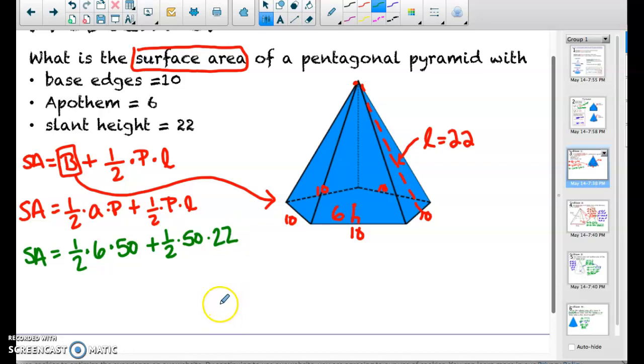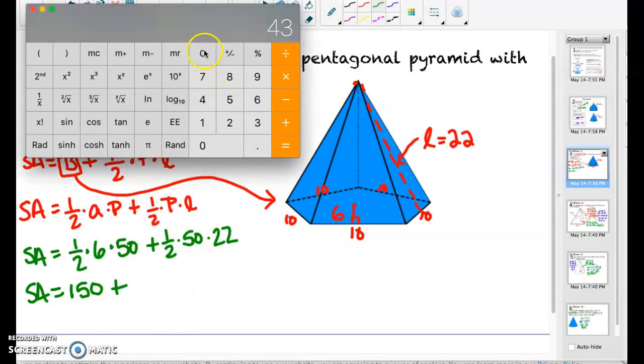There we go. Now we're going to use a little bit of mental math here to figure out the total surface area. So our surface area is 1/2 of 6, that's 3. 3 times 50 is 150. Add to that, 1/2 of 50 is 25.